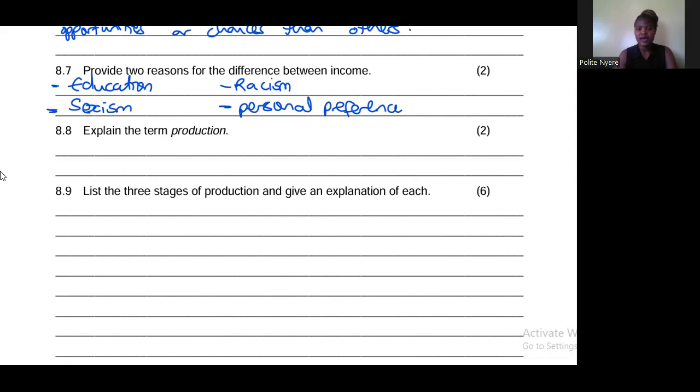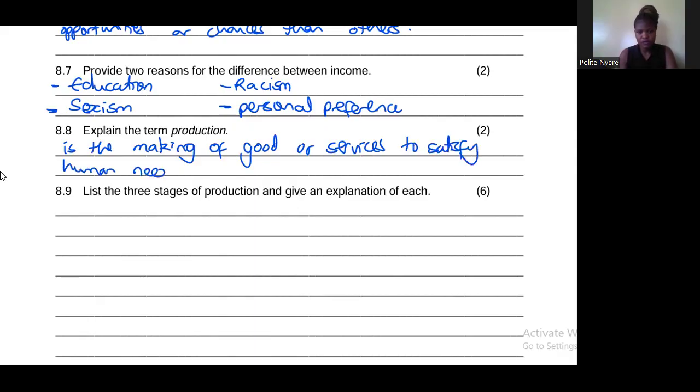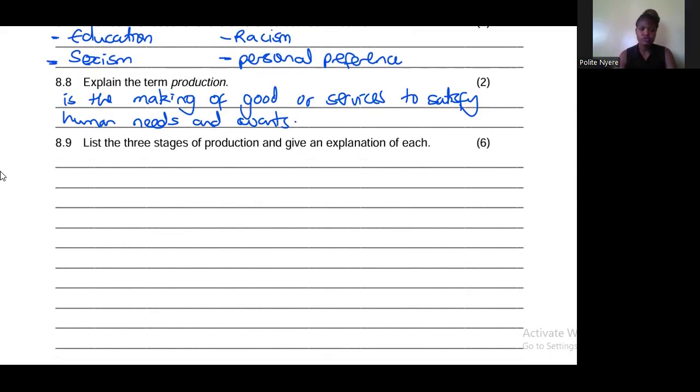Generally, production is the making of goods or services to satisfy human needs and wants. That is what we are referring to as production.